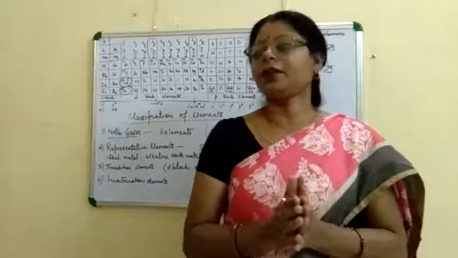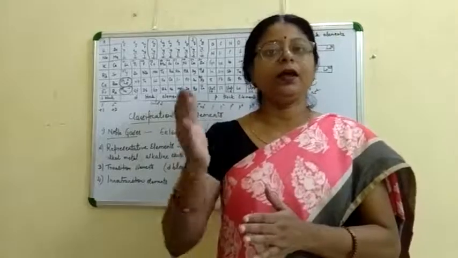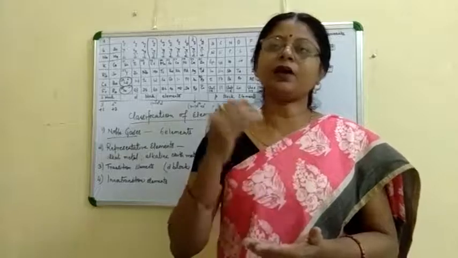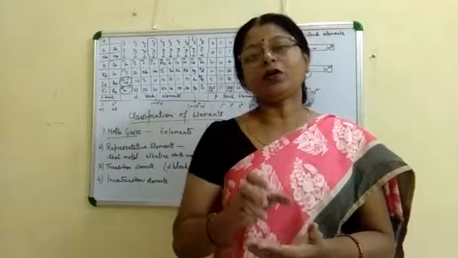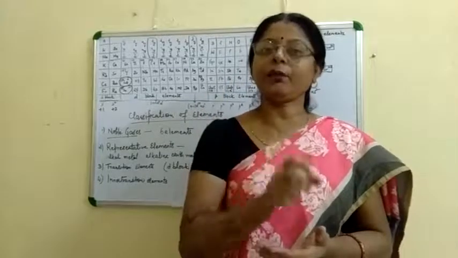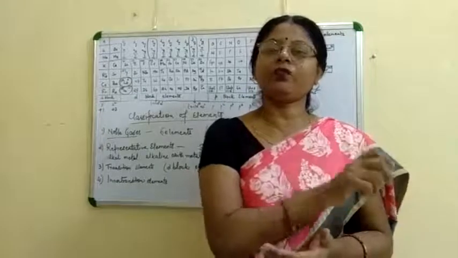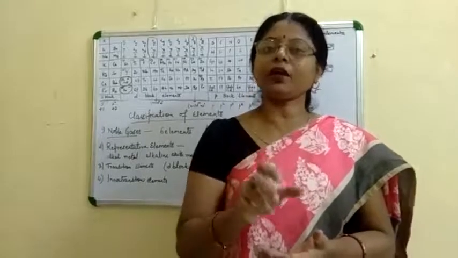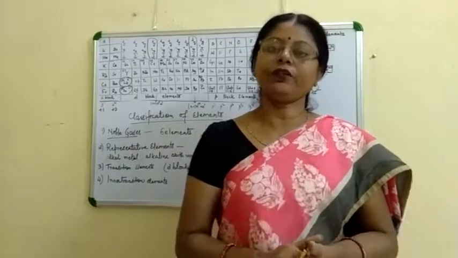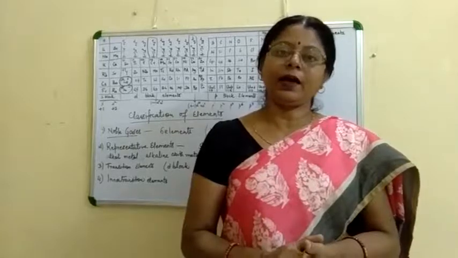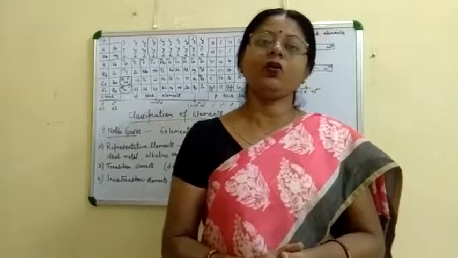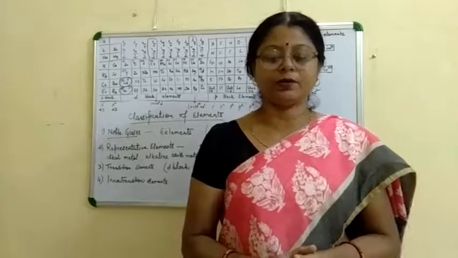As you have seen, after a certain interval, electronic configurations are similar, meaning after a certain interval the electrons enter the s block, as s1, s2, then the p block as p1, p2, p3, p4, p5, p6. So their electronic configuration is the cause of periodicity of the properties of the elements. So one by one we will study all these periodic properties.